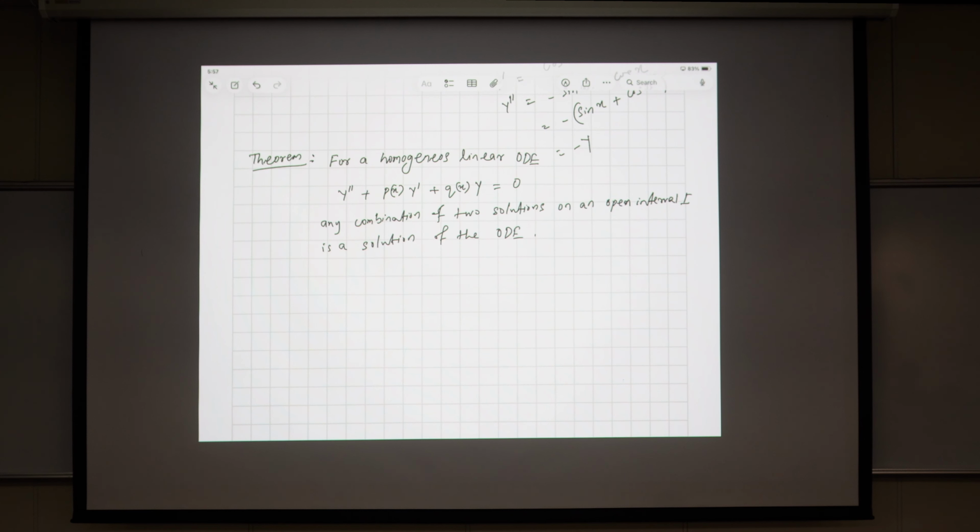Understand the statement. That's why I gave you the example first. If there are two solutions, because we are talking about second order ODE, then a combination of two solutions, adding two solutions, also becomes a solution of the ODE.